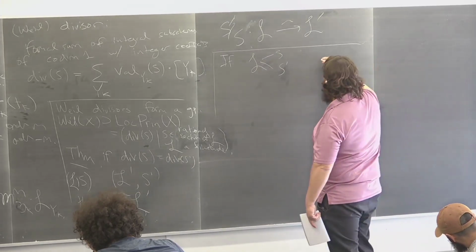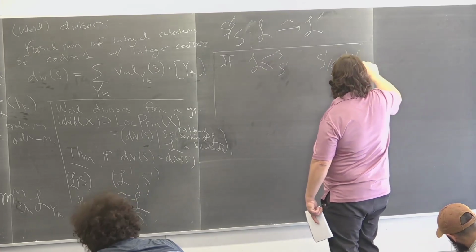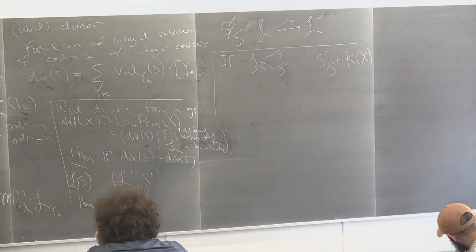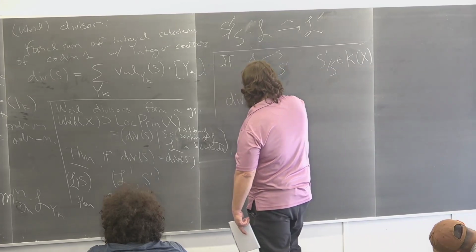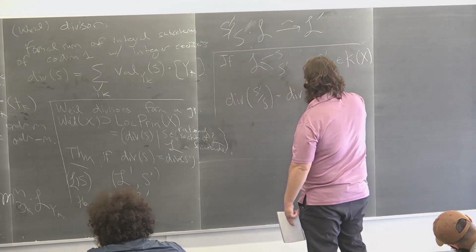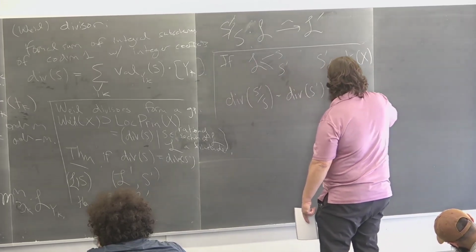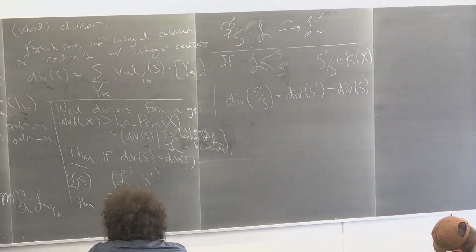Well, in this case, S prime over S is now a rational function, an element of K of X. What this is telling me, you can check, is that the divisor of this rational function is the difference between the divisors for these guys.